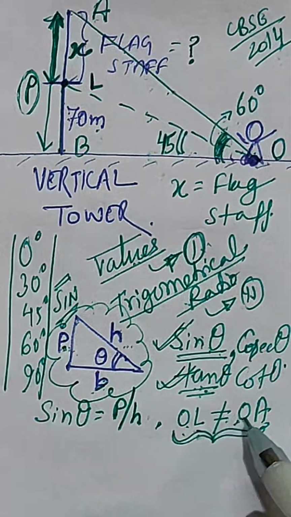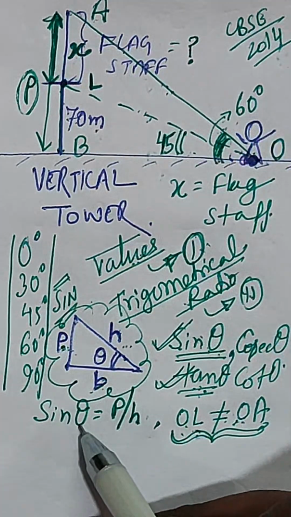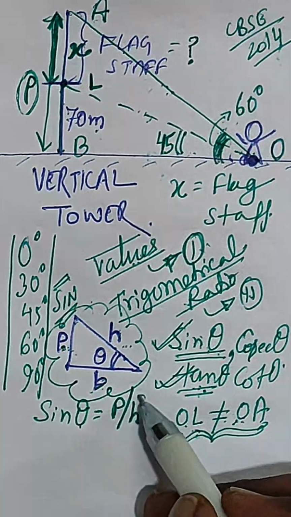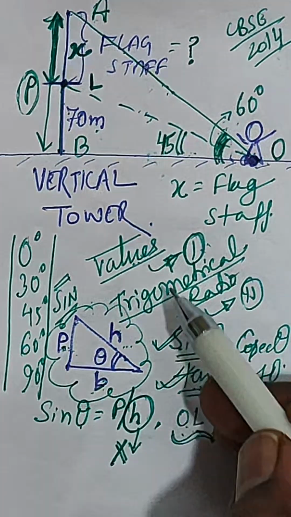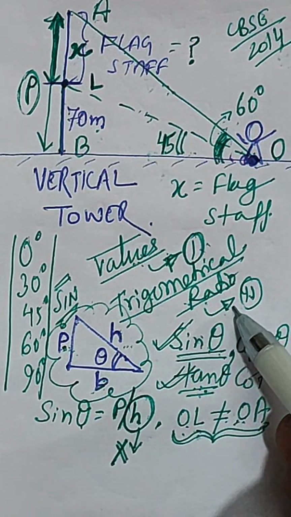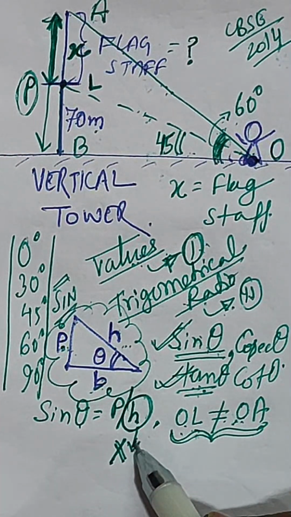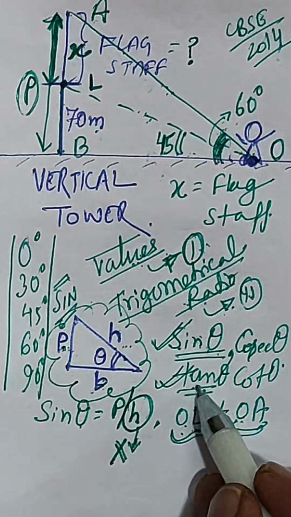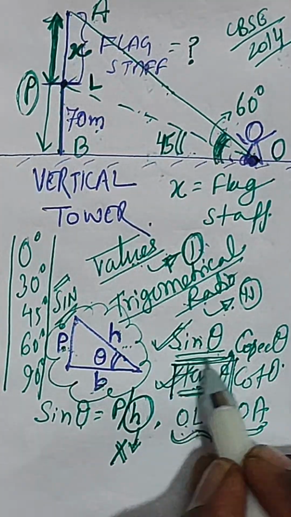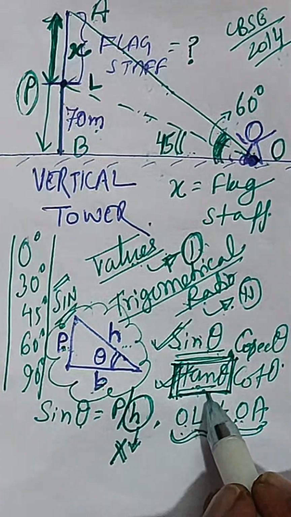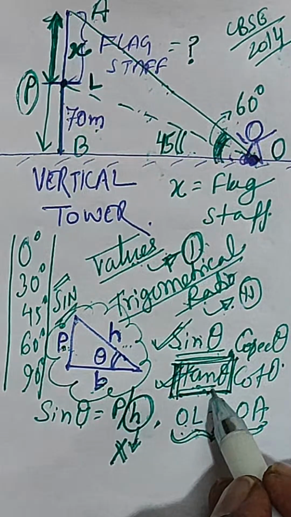If the hypotenuse length is not equal, then definitely we are not taking any ratio which covers the hypotenuse. The hypotenuse should not come into the trigonometrical ratio which we are going to take. Make sure this happens only in tan theta, my dear friend. So now we are going to take only tan theta. That's why we choose tan theta. Nothing more than that. This is not by choice, this is a compulsion.